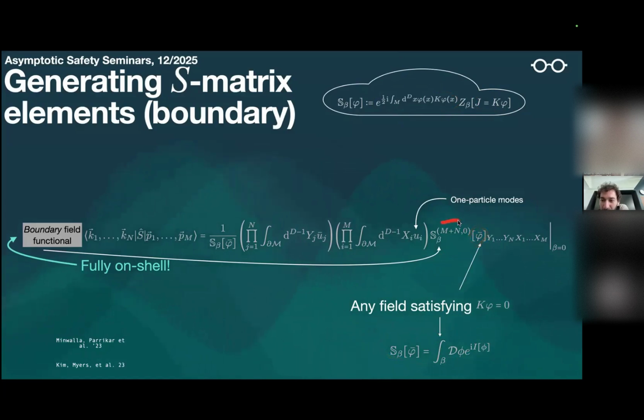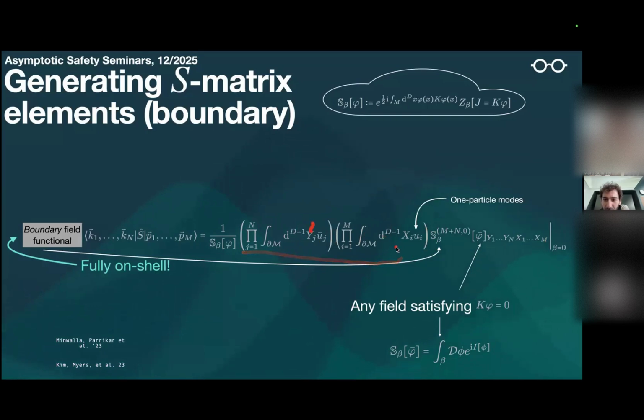Because I took n plus n derivatives with respect to the boundary field, this actually depends on points in my boundary x and y. And then I just evaluate this derivative with a particular boundary condition beta equals 0. Then I basically contract this derivative with a bunch of Fourier modes.